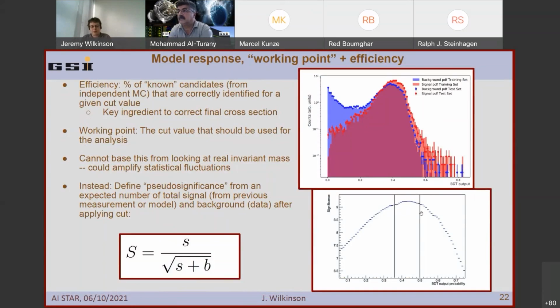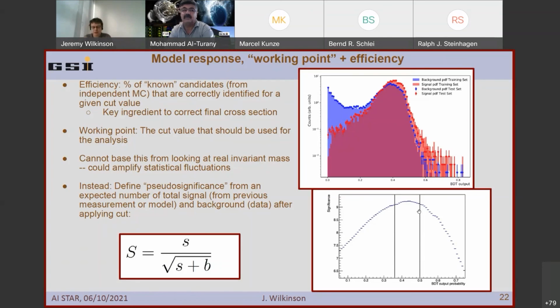So basically, it's a check to make sure that the efficiency of our probability cut in the Monte Carlo properly reconstructs the effect that we see in real data.